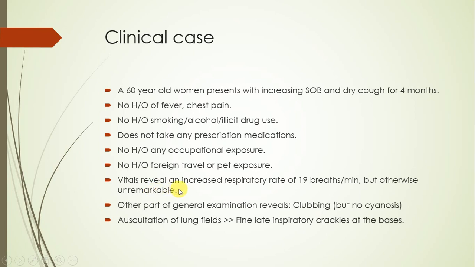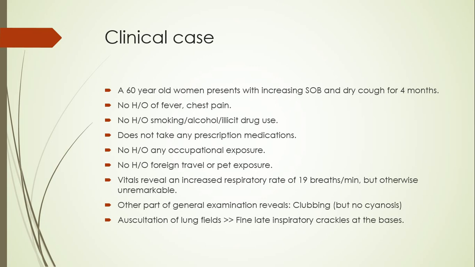The vitals reveal an increased respiratory rate of 19 breaths per minute, so the patient is tachypneic, but otherwise it's unremarkable. General examination reveals clubbing, so the finger is clubbed, meaning that the patient has been hypoxic for a significant amount of time, but no cyanosis is present.